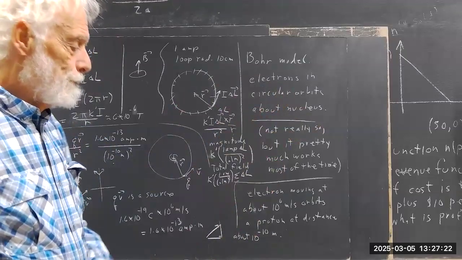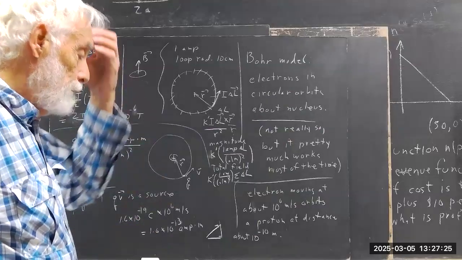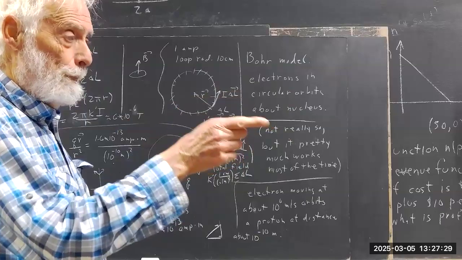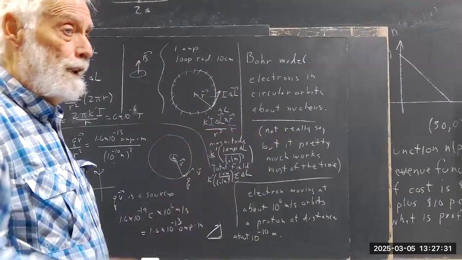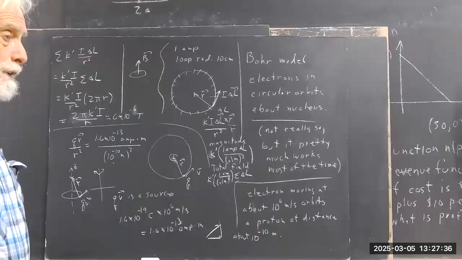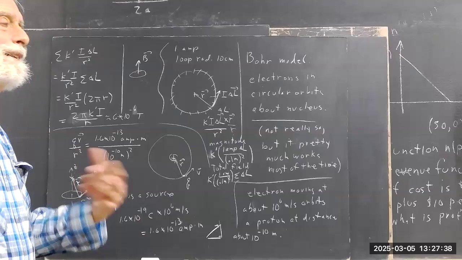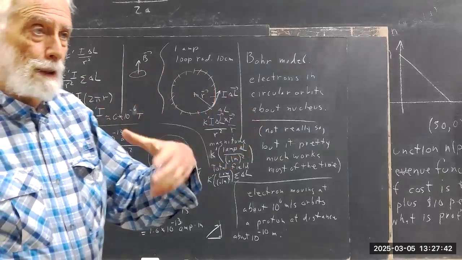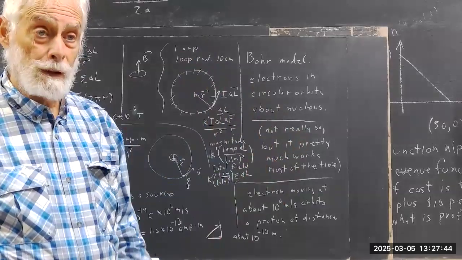All right, so what's going to happen if we have a compass with 1 amp running through all that stuff? You probably have on the order of more than 10 to the negative fourth Tesla, 10 to 20 times the Earth's magnetic field.